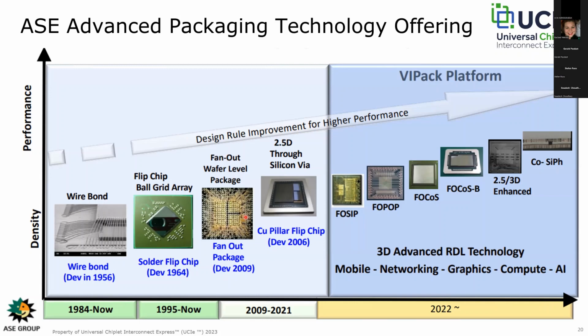And that includes the fan-out system in package, or FOSiP, fan-out package on package, or FOPoP, and fan-out chip on substrate, FOCoS, and there is a FOCoS version -B, which stands for bridge, as well as enhanced 3D options and co-packaged photonics. You can tell which company I'm referring to by looking at this little logo on the bottom left corner of each slide.